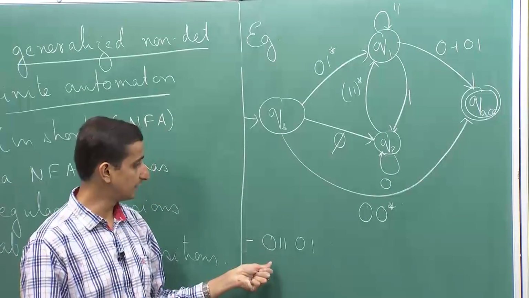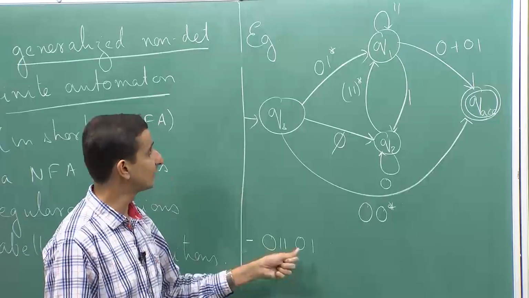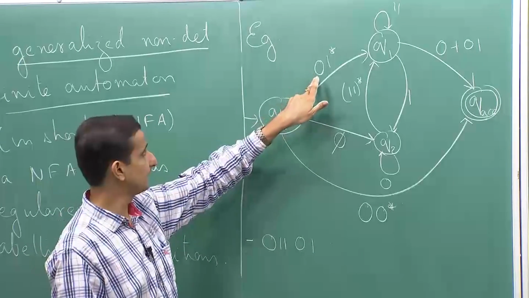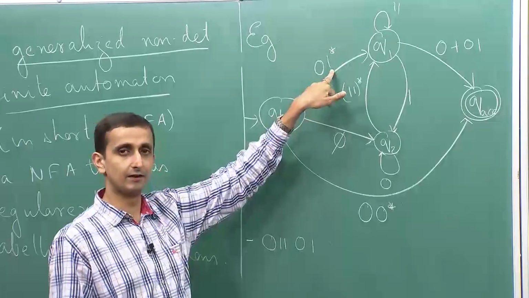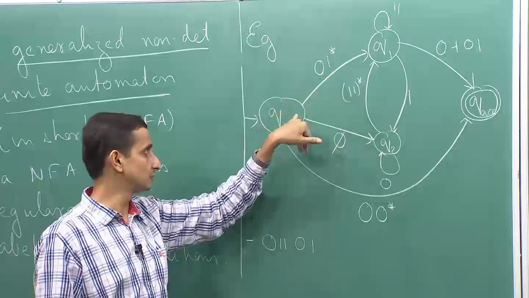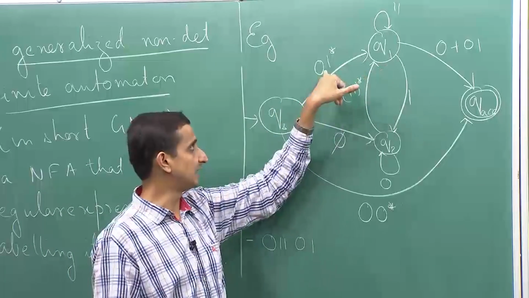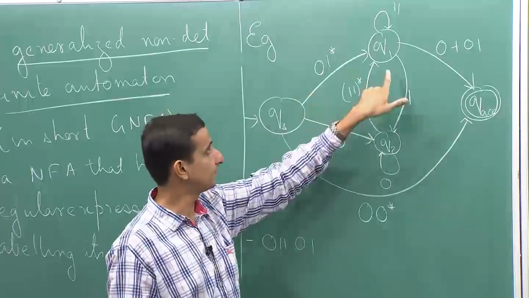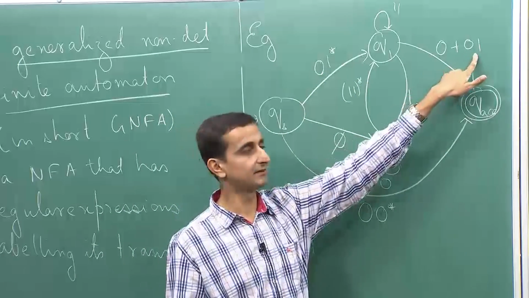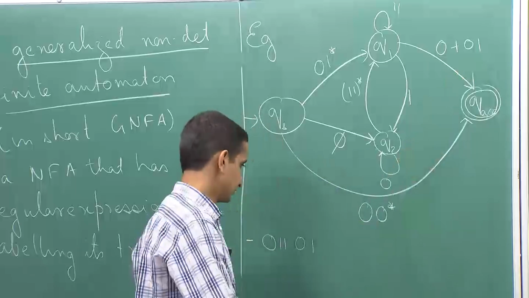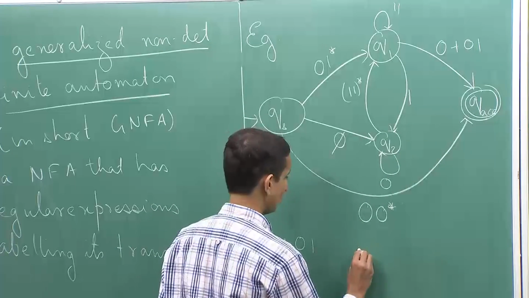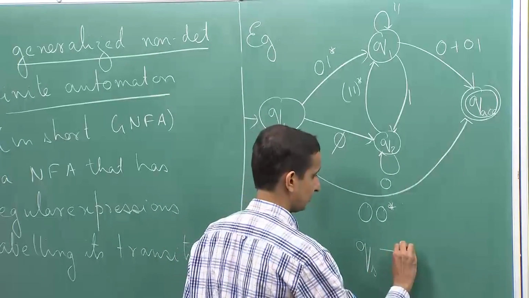So, one way of getting 0 1 1 0 1 is if I take 0 1 1 from Q start to Q1, because I have 0 1 star. Then from Q1 to Q accept I take 0 1.